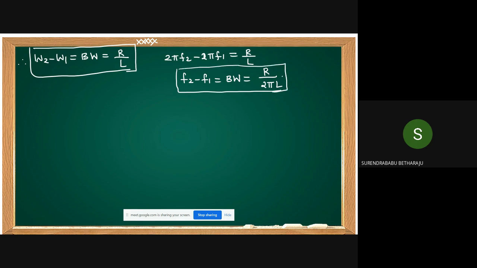What are the units for this one? f2 minus f1 is in hertz or cycles per second. The other is in radians per second because it is the difference between the angular frequencies. This is the difference between the frequencies in hertz or cycles per second.